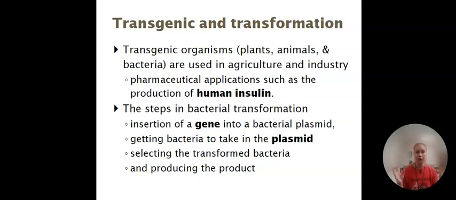One of the very first transgenic organisms we created was bacteria, where we inserted the human gene for insulin into bacteria, and then every time the bacteria reproduced, they would also create insulin, which we could then bottle up to help treat people with diabetes, which is fantastic. So transgenic just means changing genes, and that process of creating a transgenic organism is called transformation, okay?